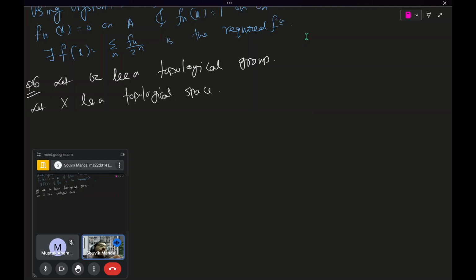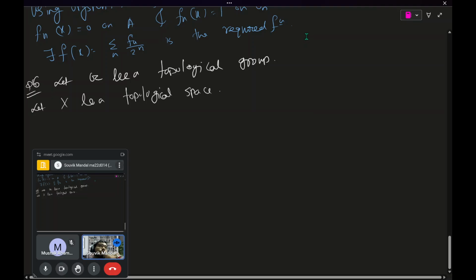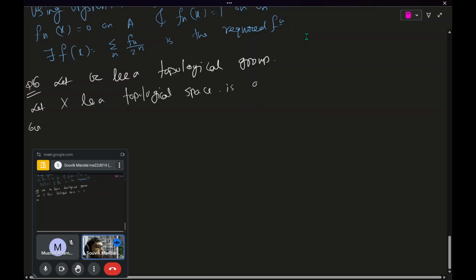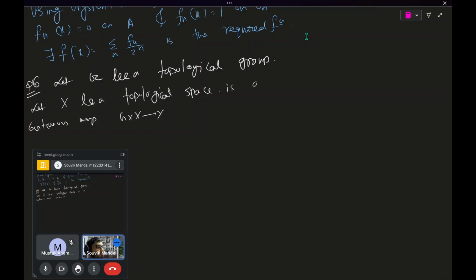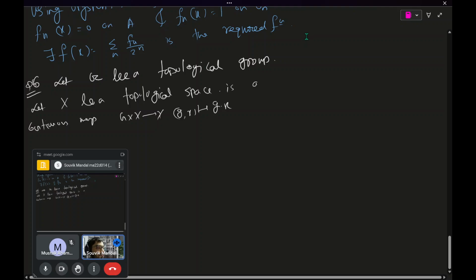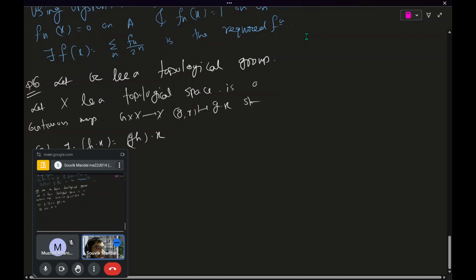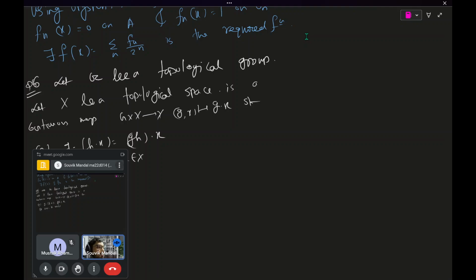Same thing here: the topological group acts on a topological space. So an action is a continuous map from G cross X to X, (g,x) goes to g dot x, such that g dot (h dot x) equals (gh) dot x, and e dot x equals x for all x belonging to X and g, h belonging to G.